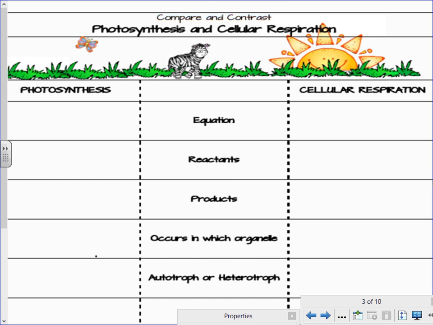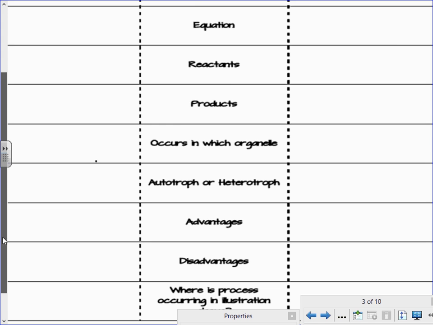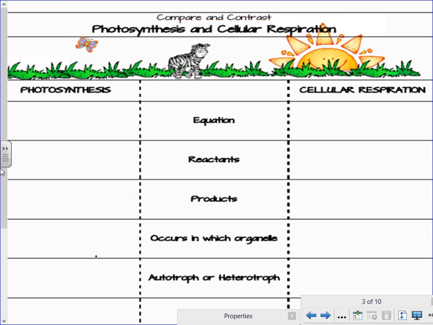Photosynthesis means... Don't let your hand rest on it. Energy. Okay, so sun's energy, plus CO2. What's CO2?